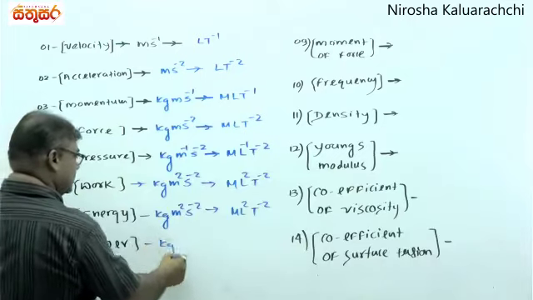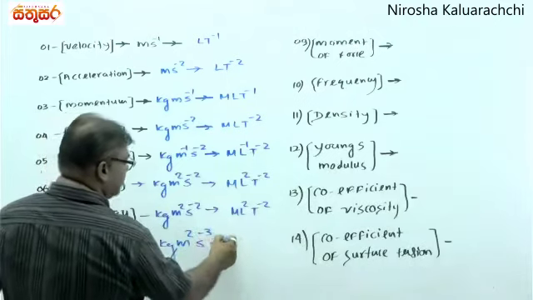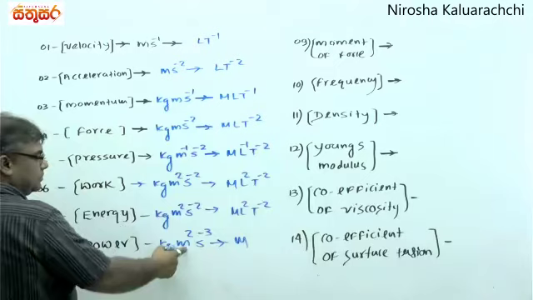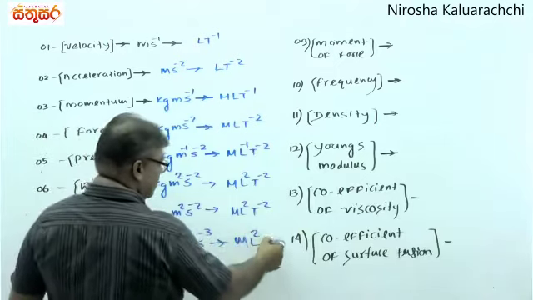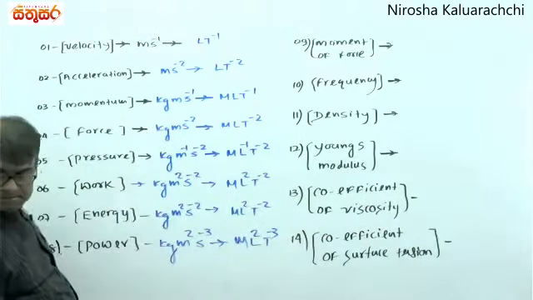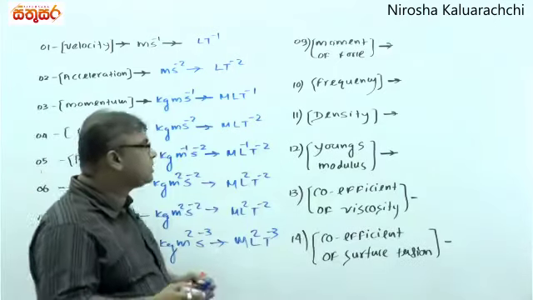Power: kg m squared s minus 3, dimension M L squared T minus 3. Right. First line clear. Can we complete the others too?